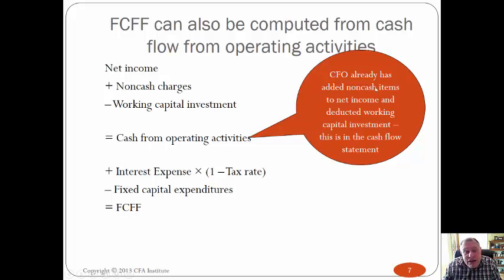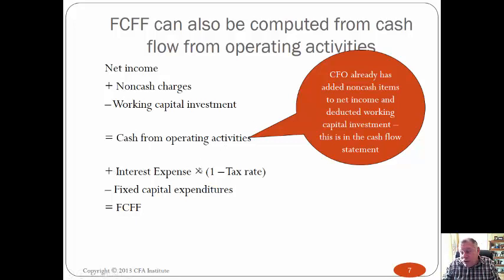The CFO has already added non-cash items to net income and deducted working capital investment. This is in the cash flow statement. So this is cash from operating activities. To that, we need to add back interest expense because that's one of the uses of free cash flow. Okay?